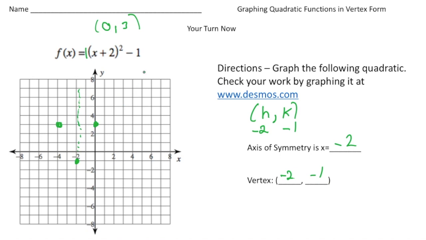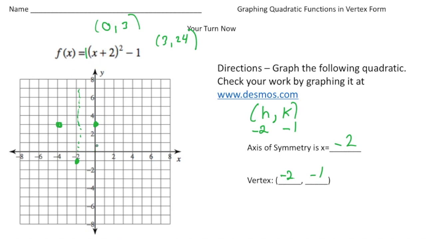So finally, let's do one more point. How about if x is 3? If x is 3, 3 plus 2 is 5. 5 squared is 25. Take away 1 is 24. So 3 and 24 is not the best point to use on this graph because it only goes up to 8, right? So let's maybe try a negative.